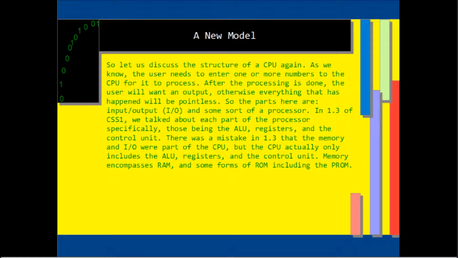There was actually a mistake, and the memory and the I/O, they're not part of the CPU. I said that they were part of the CPU in 1.3, but the CPU actually only includes the ALU, registers, and the control unit. Memory kind of encompasses RAM and some forms of ROM, including the program ROM. In different structures of computer, in different archetypes, the program ROM may or may not be stored in the RAM.